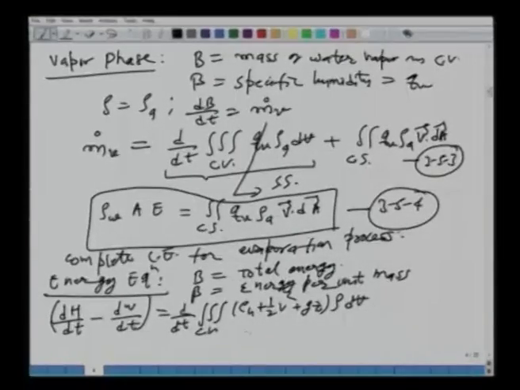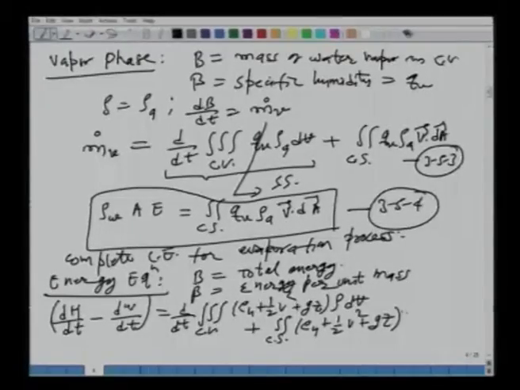This is the first term, and the second term is going to be over the control surface of your EU plus half of V square plus GZ. That is your beta rho V dot dA.